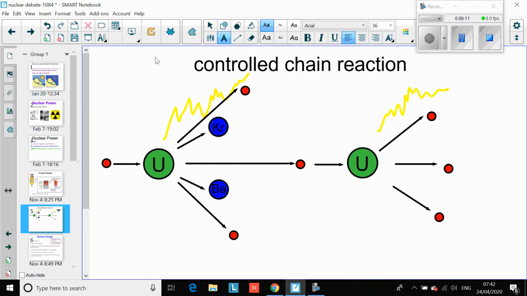in your book. Okay, so this is a controlled chain reaction, and what happens is, let's just label a few things up here. Neutrons are fired at a uranium nucleus. Okay, and what will then happen is that uranium nucleus will split and release its energy.